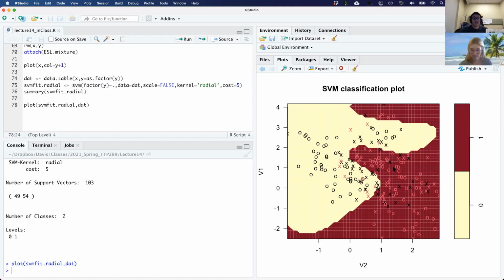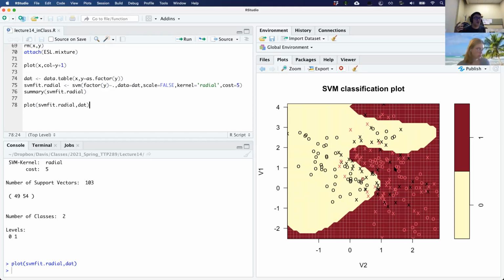If x's are your positives and circles are your negatives, you might have a much higher preference for low false positive errors versus low false negative errors, right?